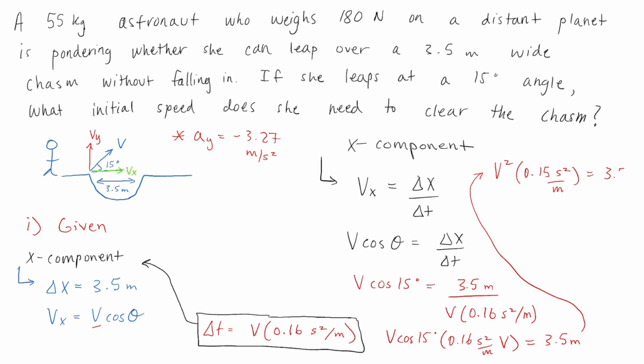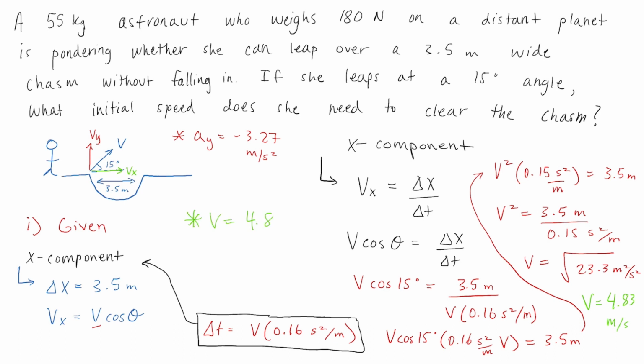From there, I will continue to simplify the equation until I can solve for v. And with that, we find that v is equal to 4.83 meters per second. And that is the answer to this question. The astronaut would need an initial speed of 4.83 meters per second in order to clear the chasm. And that's the end of this question, which required you to use forces and kinematics.